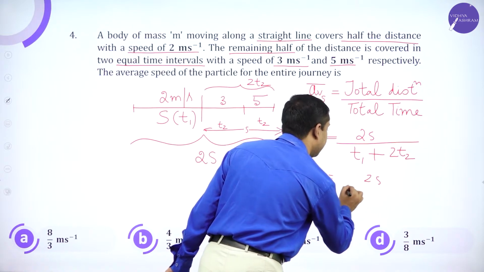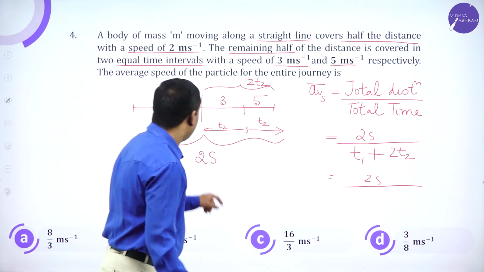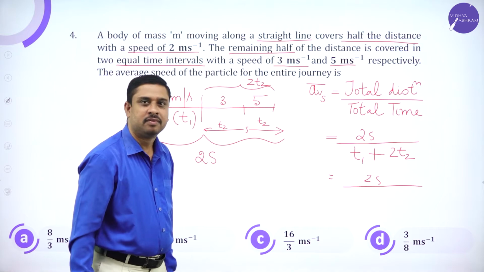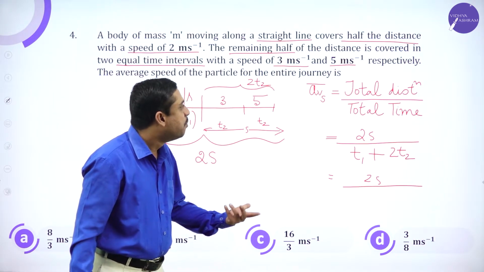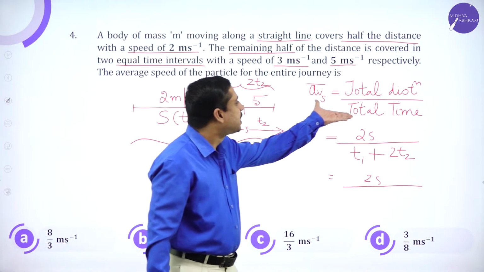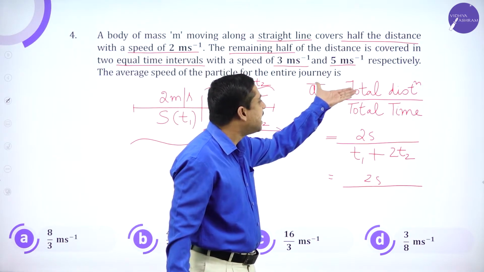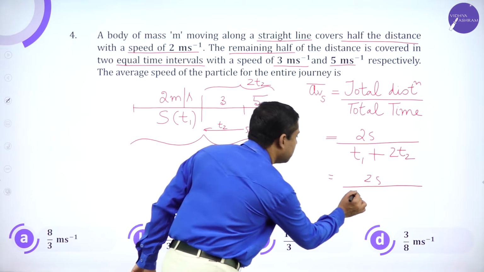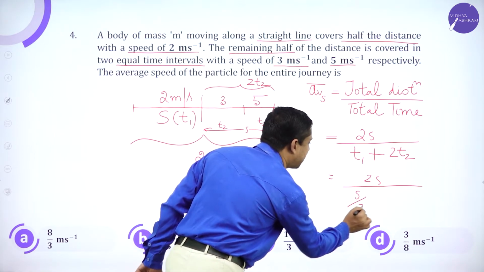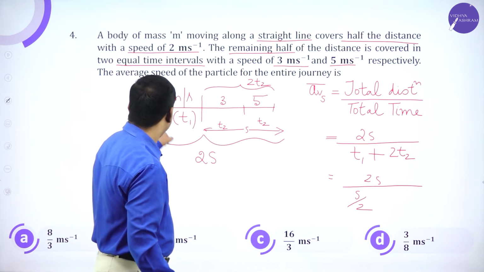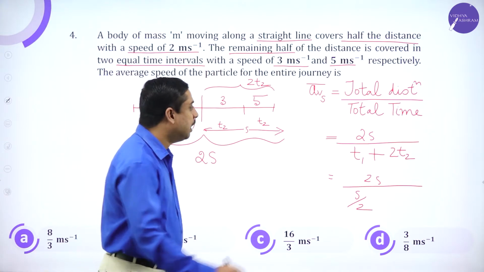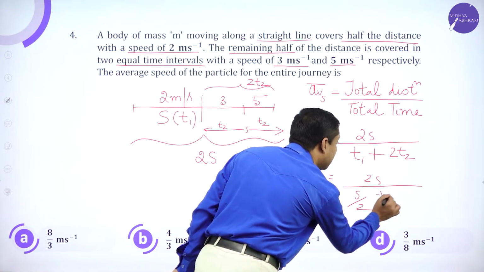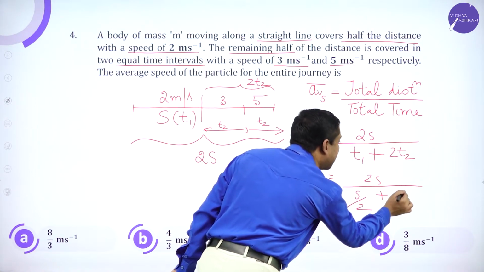So this is 2s divided by, what is t1? Speed is distance by time, so time is distance by speed. So s by 2, distance is s by 2, plus 2 times t2.